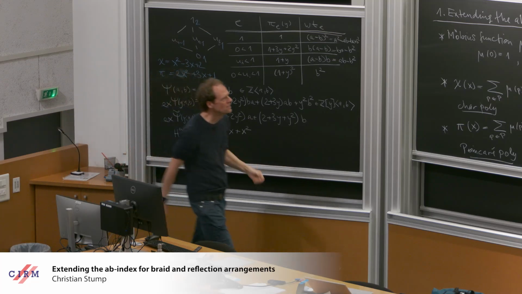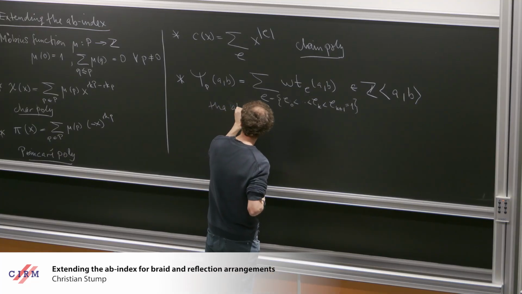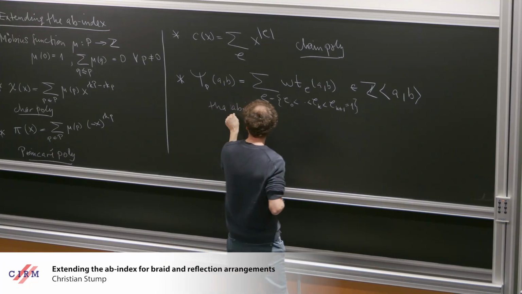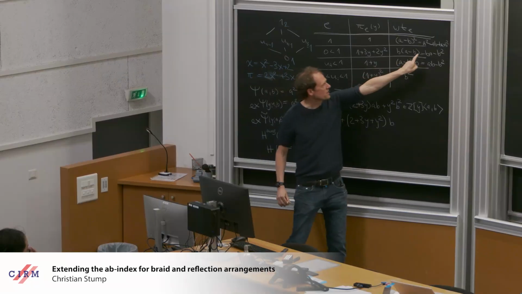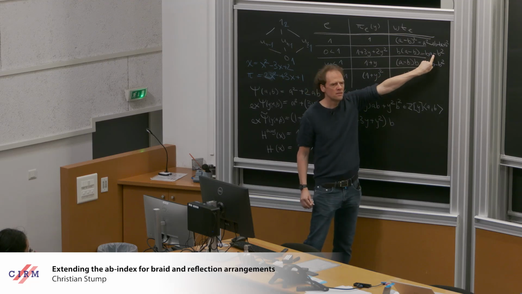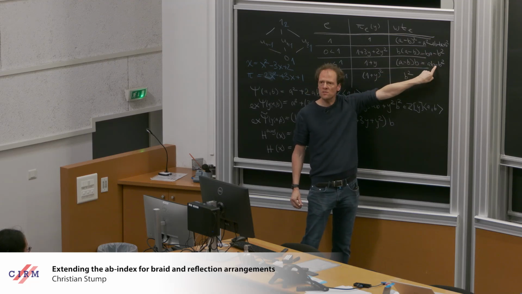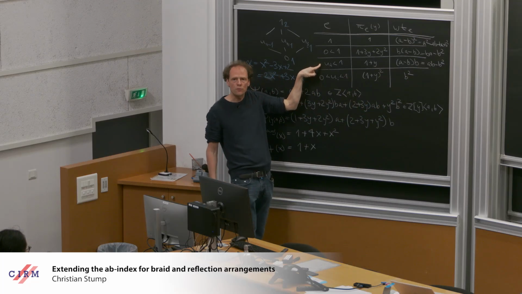And now the AB index is just the sum of all those chains. So we are summing this object plus this plus 3 times this plus 3 times this, because this chain happens to exist 3 times for each of the 3 middle elements.